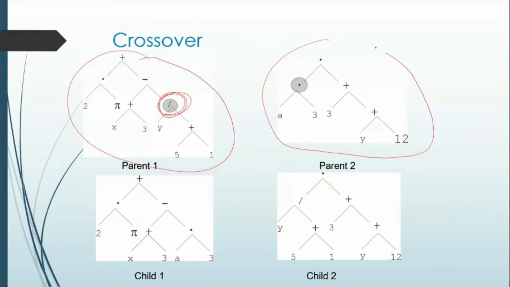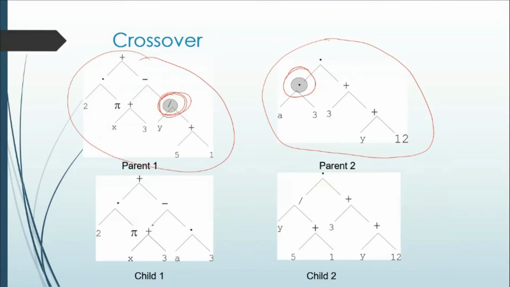This is another representation of a mathematical function. Some mathematical expression is represented here in the form of a tree. In the second case, this is the crossover point. So what happens is, it is replaced. This part, the C, 2 into pi, remains there.